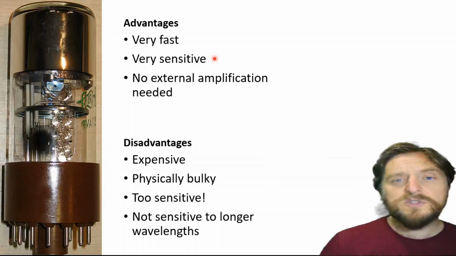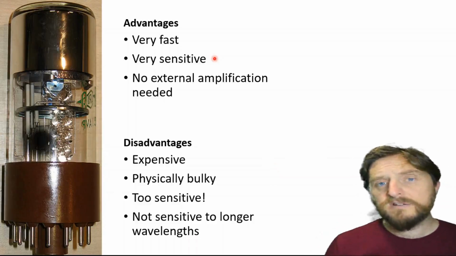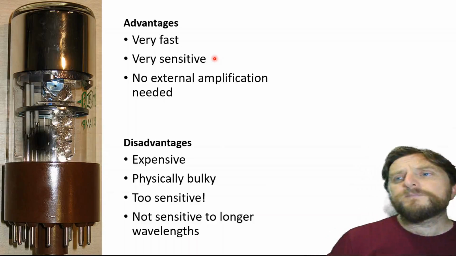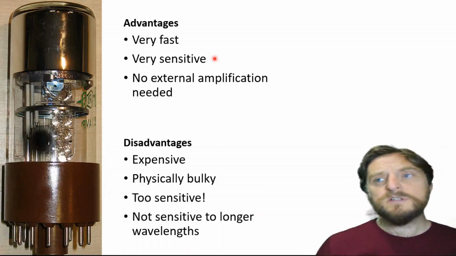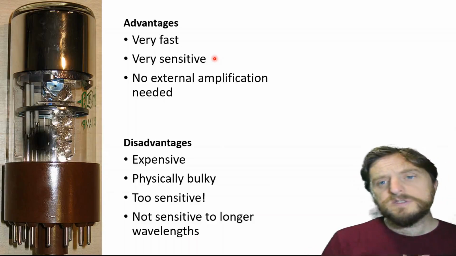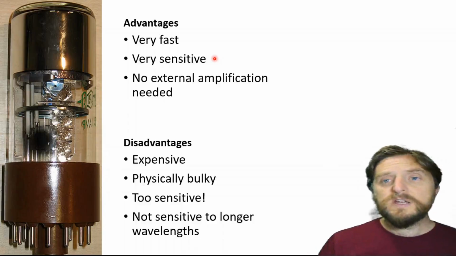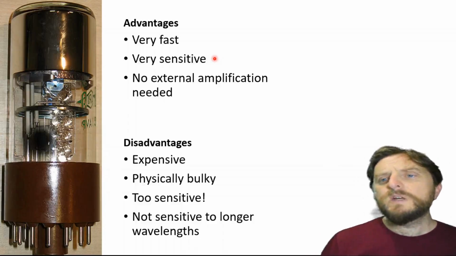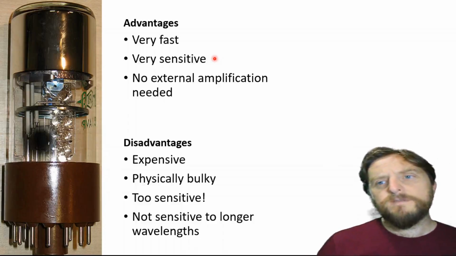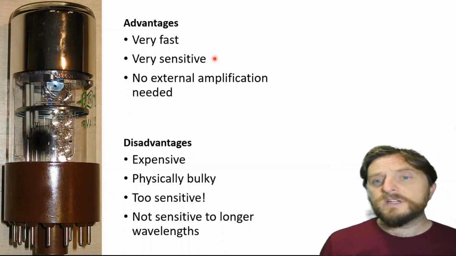They can go down to detecting single photons. They require no external amplification generally, because the high voltage stages amplify the single photoelectron to produce a substantial current. So that means that the following electronics can be very simple.